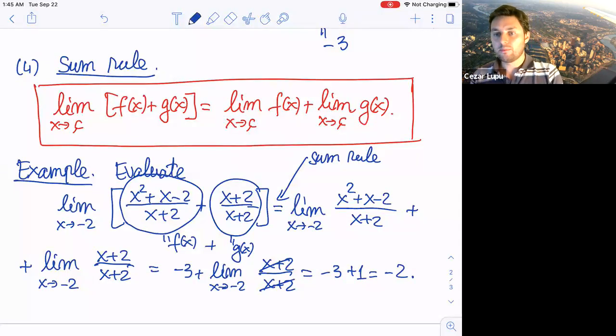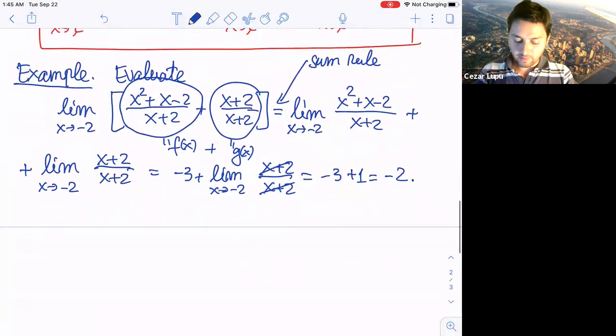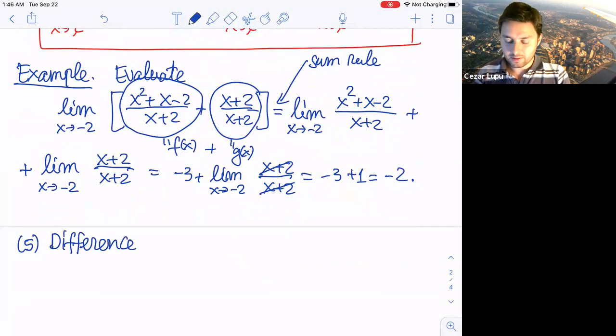Okay. Well, as we have the sum rule, probably as you can guess, we also have the difference rule, because the difference is nothing other than just the sum.